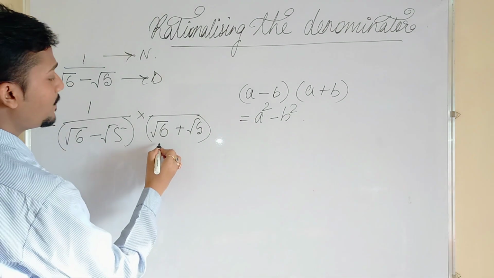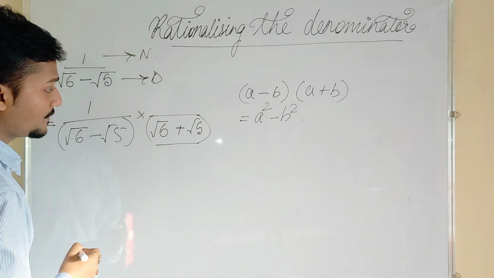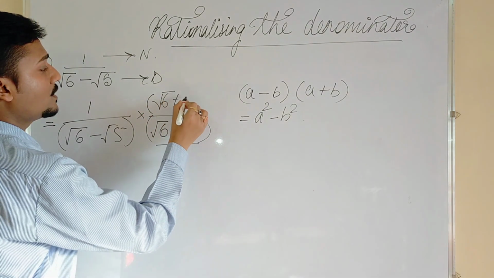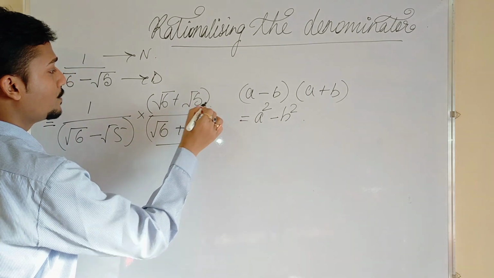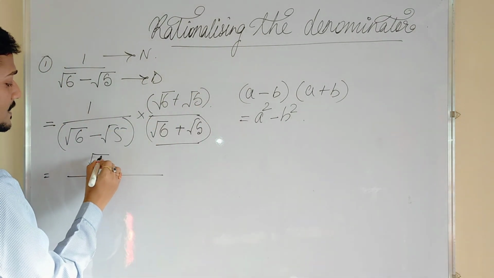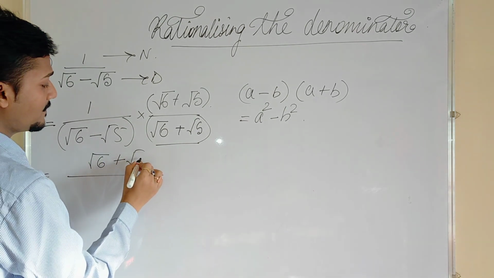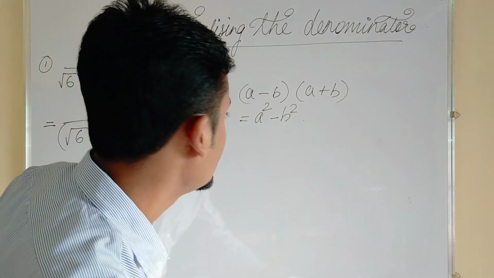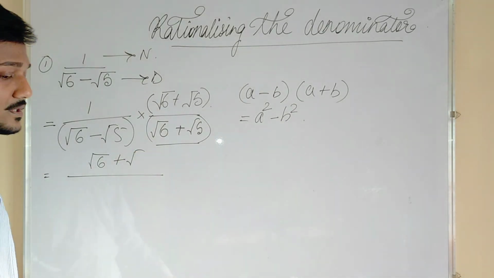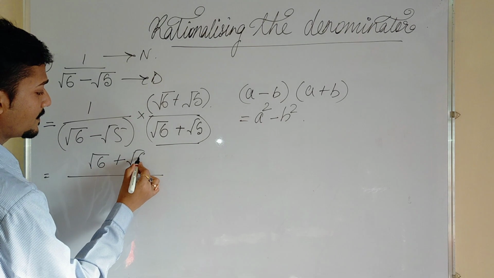So if we have multiplied by root 6 plus root 5 in the denominator, we will multiply root 6 plus root 5 in the numerator also. So what will I get? 1 into root 6 plus root 5 is equal to root 6 plus root 5.